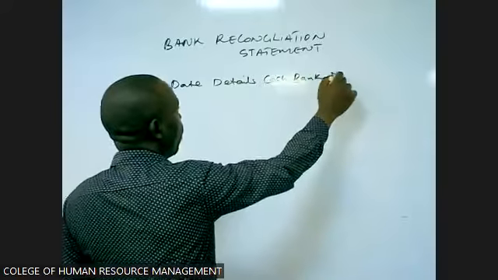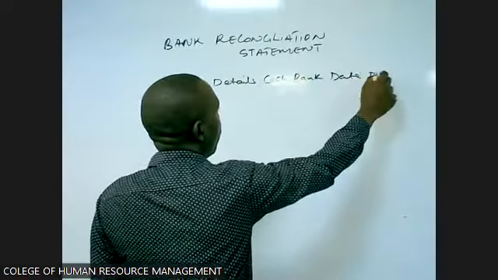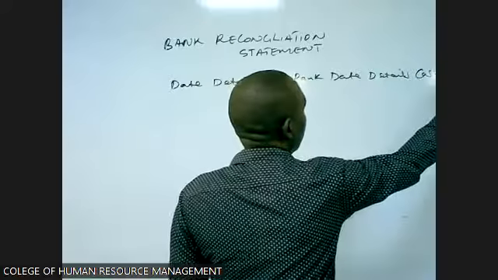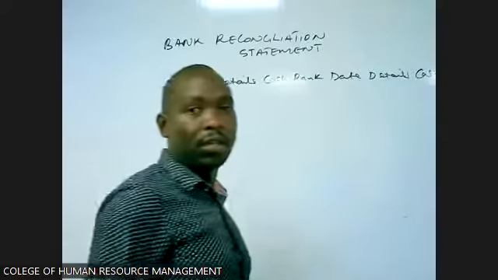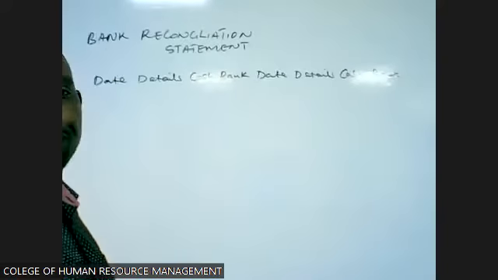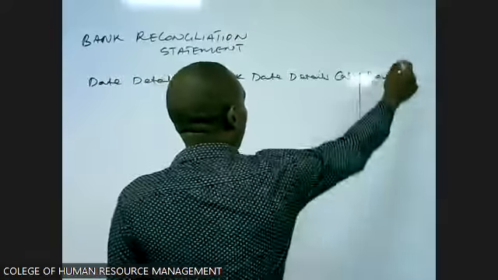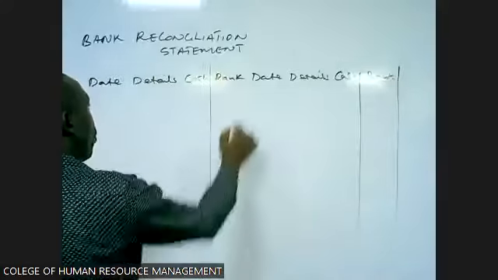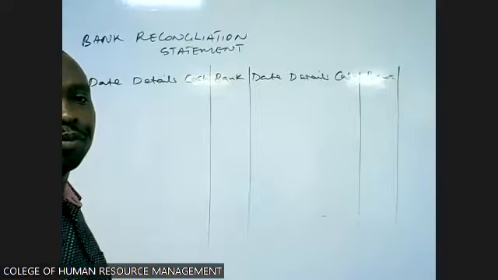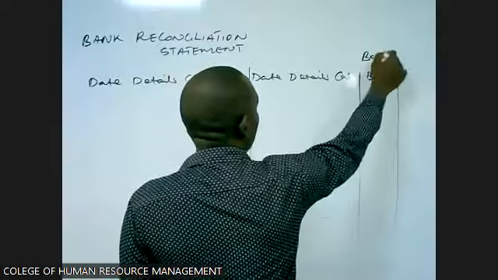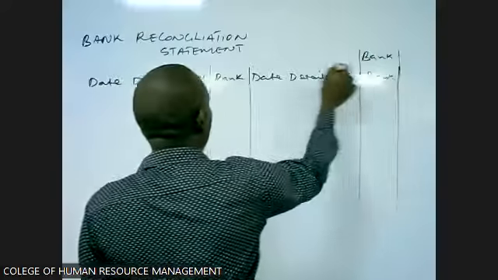On the other side, we have got the date, the details, cash and bank. That is your cash book. Cash and bank. Our interest is only in the bank columns. This bank column here, this one here.